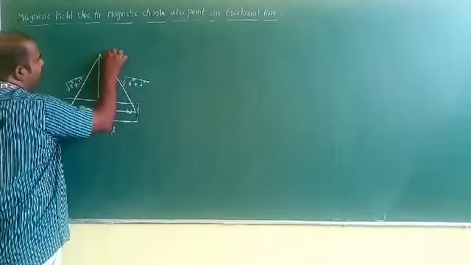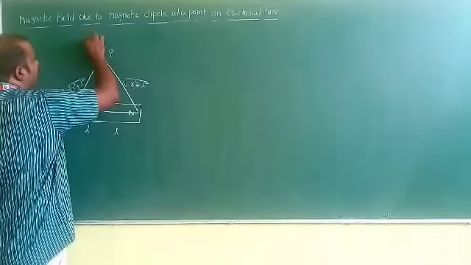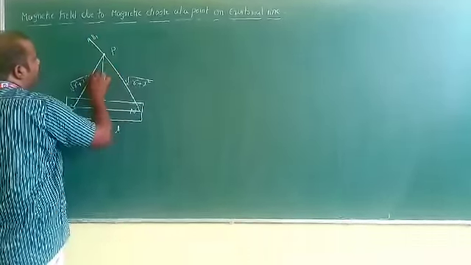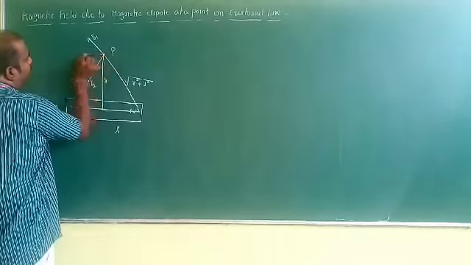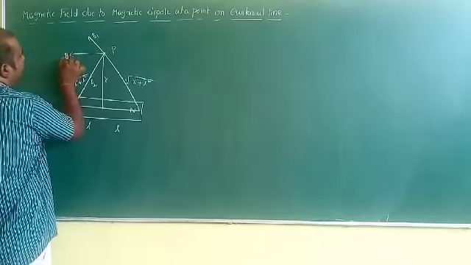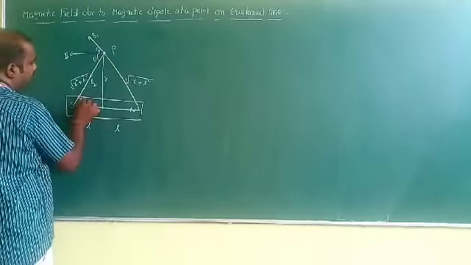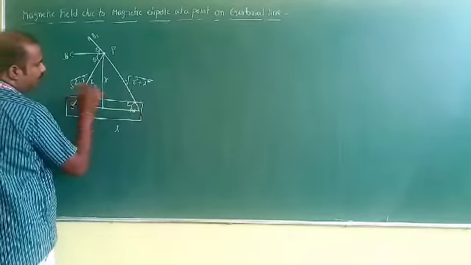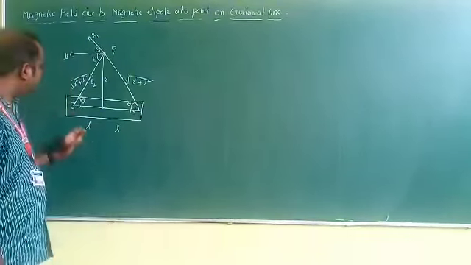Here P is the observation point. Due to north it is given as B1, and due to south it is given as B2. The net magnetic field is given in this way. This is given as B, and here it is theta, and here it is theta, and this angle is also taken as theta.